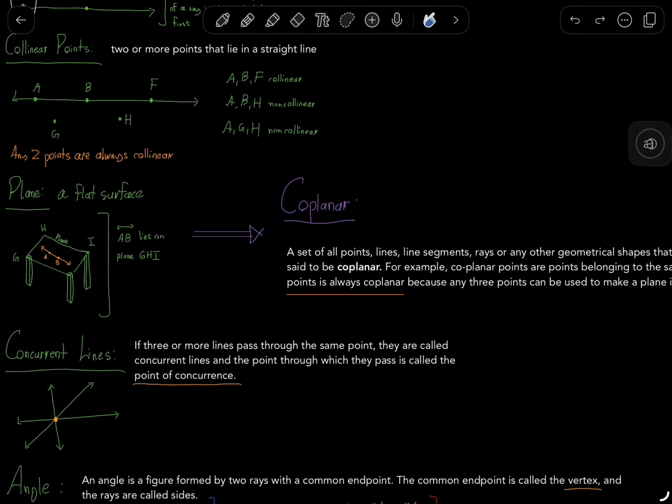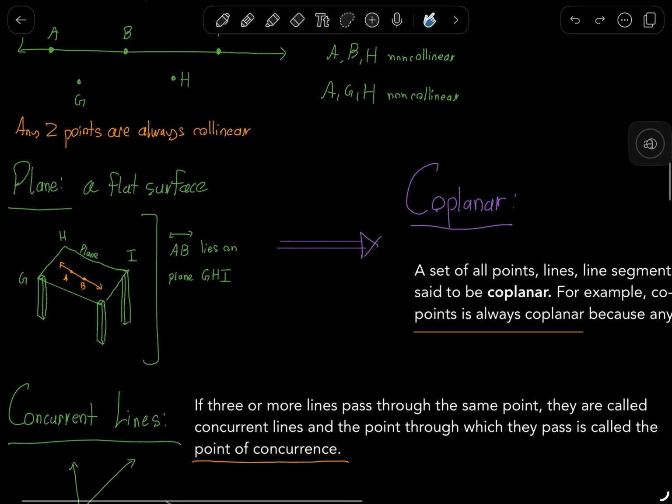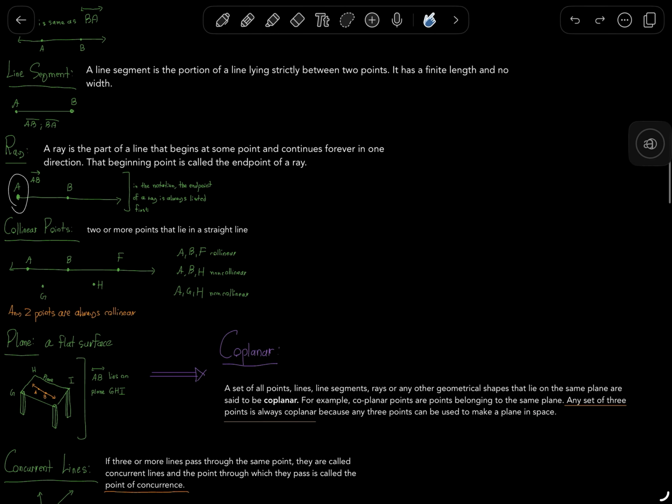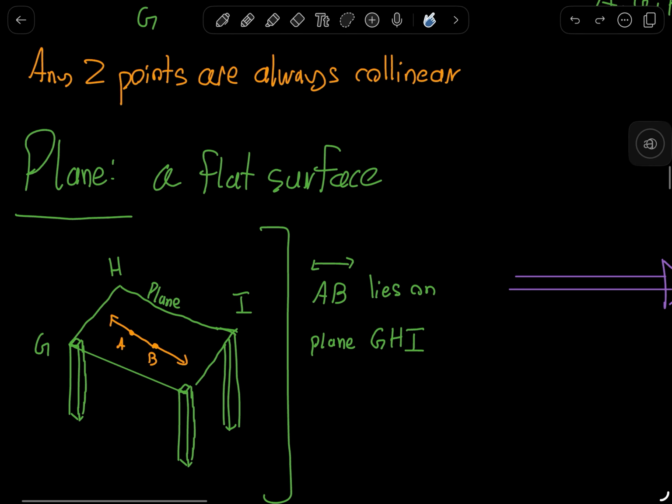Now let's go into some other terms you should know. In my opinion, this next one, plane, is not really important for this specific course, but it is good knowledge to have. A plane, simply put, is just a flat surface. All these figures that we have learned about so far, lines, line segments, points, rays, all lie on a plane.